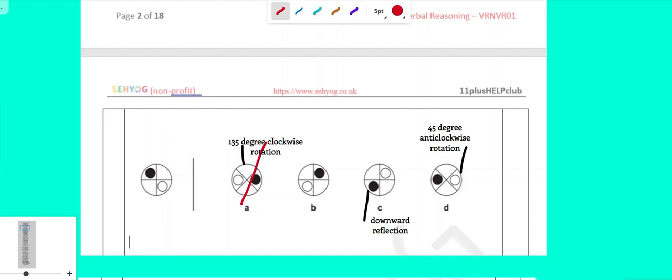So no. C is a downward reflection, so therefore C is also not what we are looking for, and D is a 45-degree anti-clockwise rotation. So it is a big no to this. Therefore making B a right choice for this question.